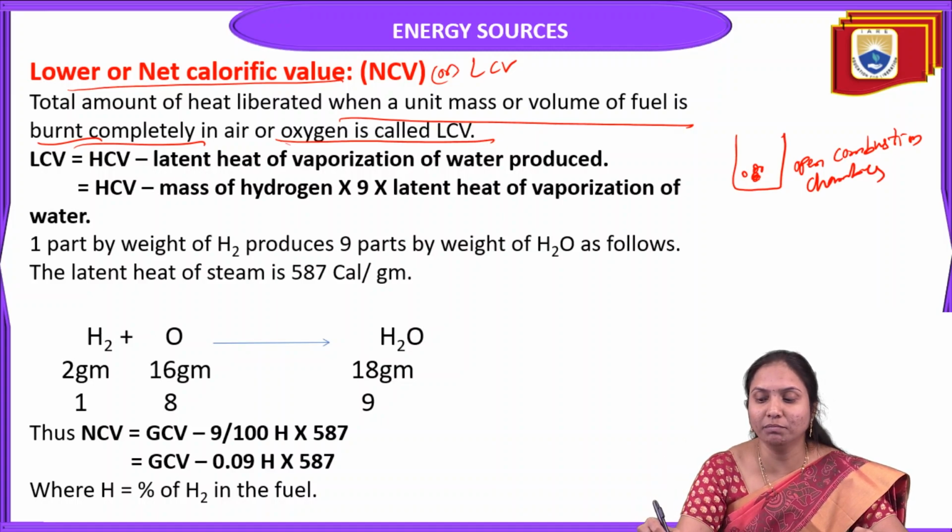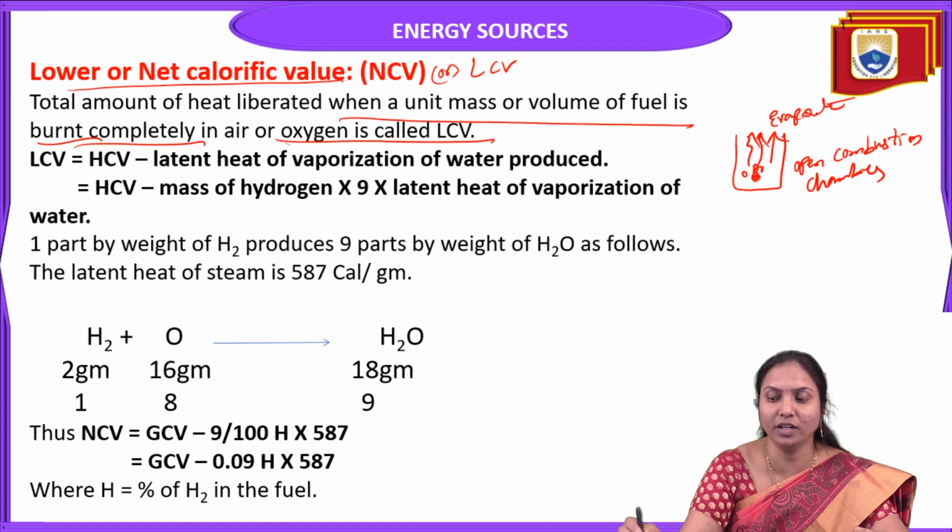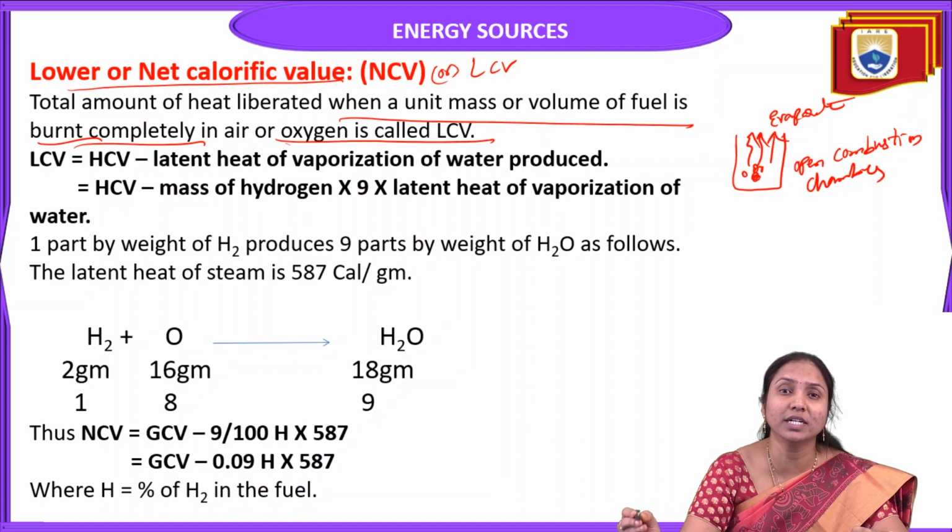During the burning process, it produces vapors, and the steam will evaporate. That means we cannot consider the latent heat here, because we cannot cool the combustion product to room temperature.